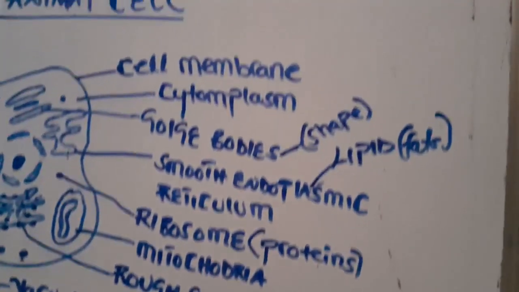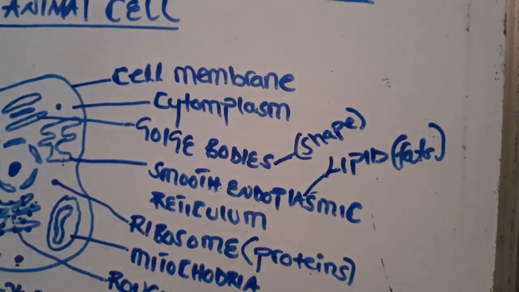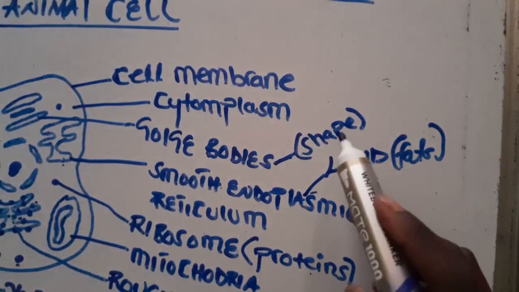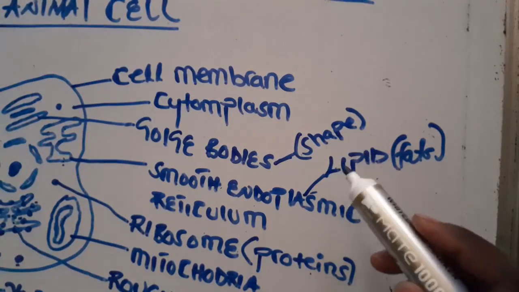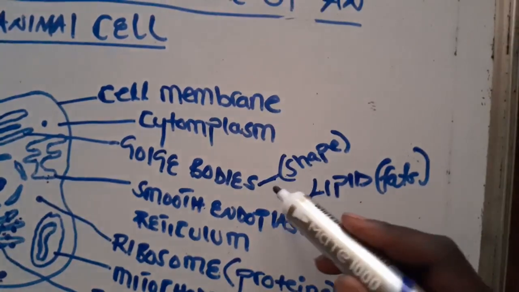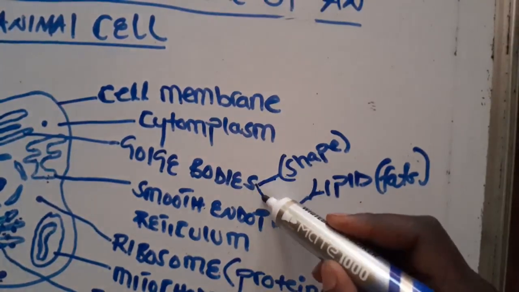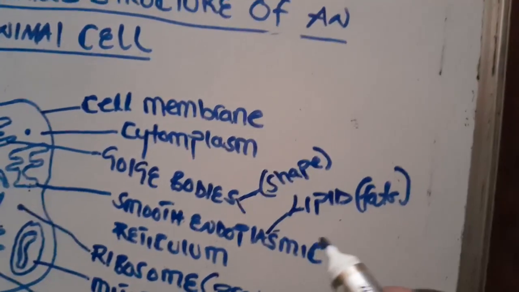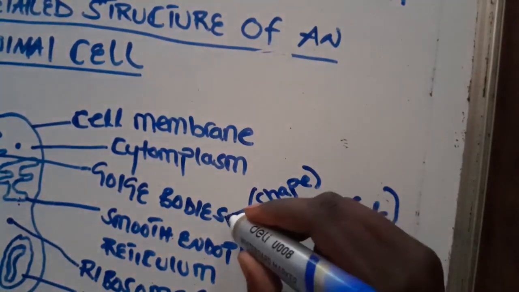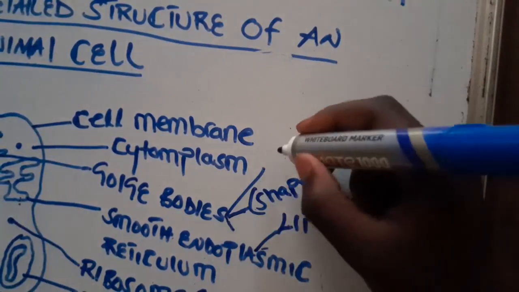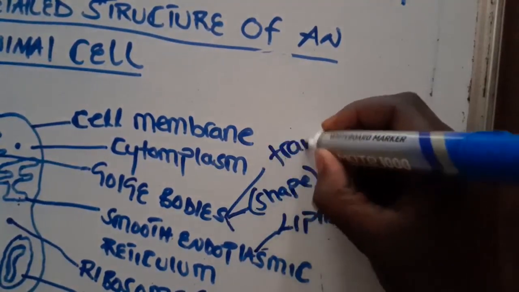So upon changing the shape of the proteins, the Golgi bodies will produce the vesicles, and these vesicles will now transport the proteins.